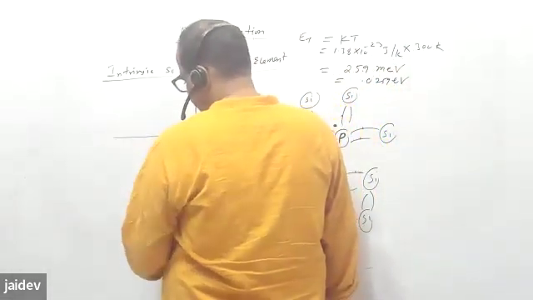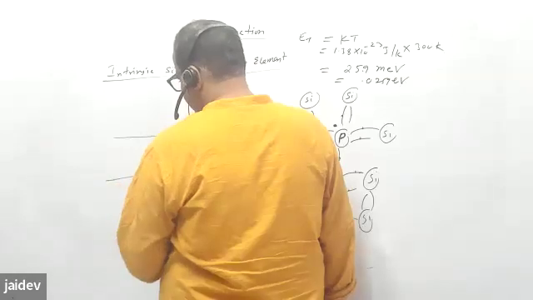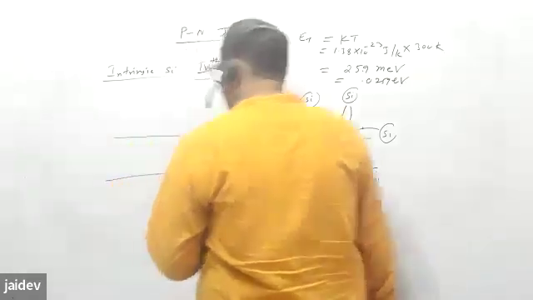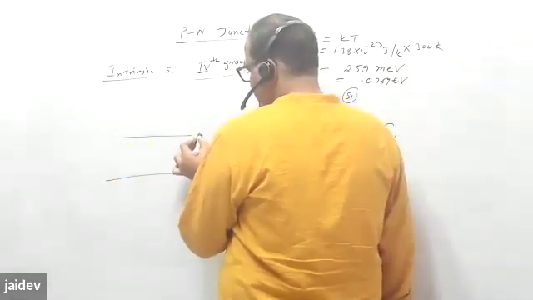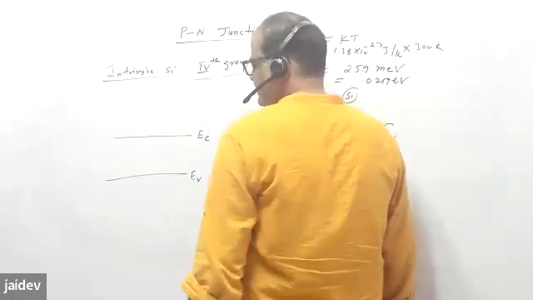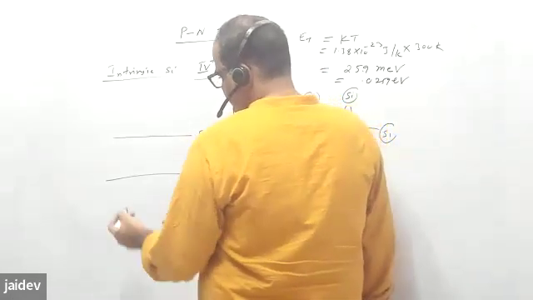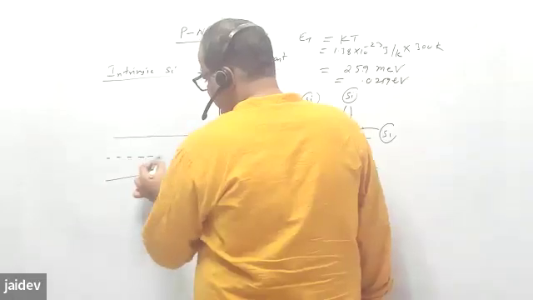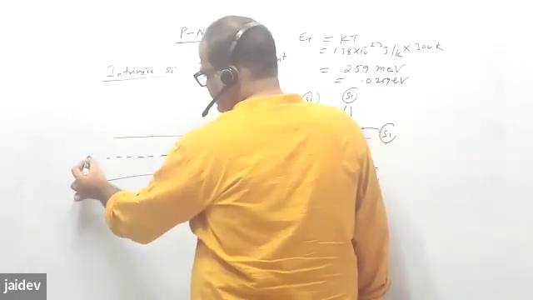So for example, this is your conduction band and this is your valence band. Somewhere here is a Fermi level, which we call the intrinsic Fermi level.